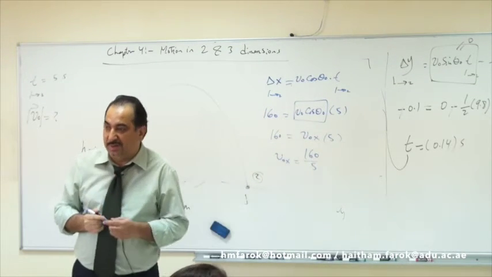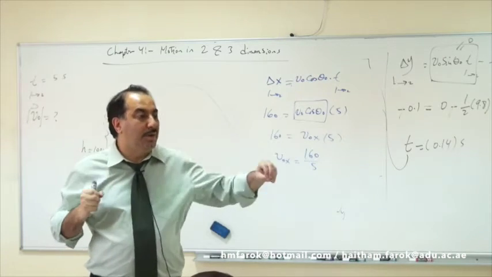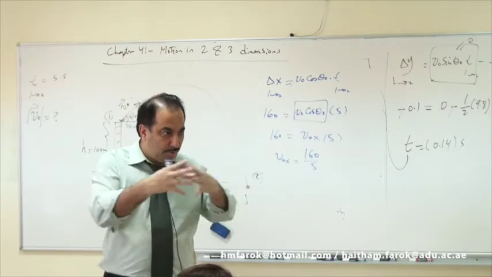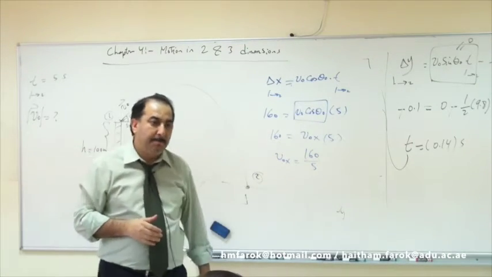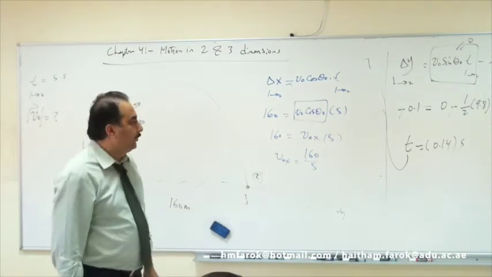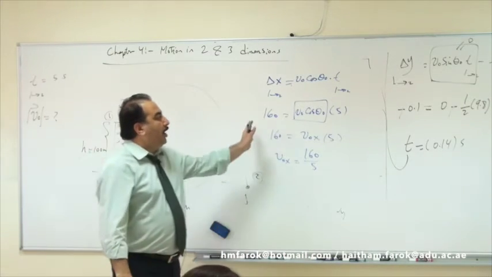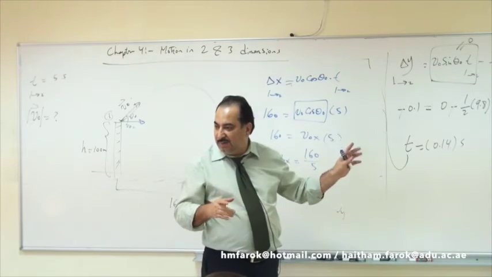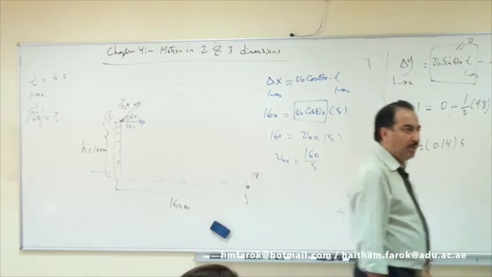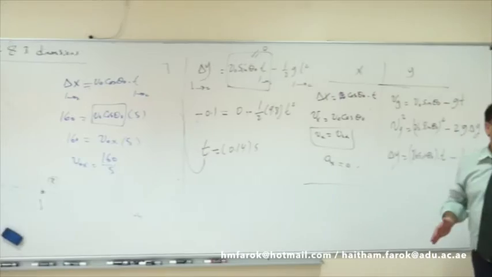We didn't answer the question yet. We found the component V naught cosine theta, both. But we need V naught only, yes? Okay. Now, on x, I can't do anything else because I have one equation. I finished. Now let's go. Vy.